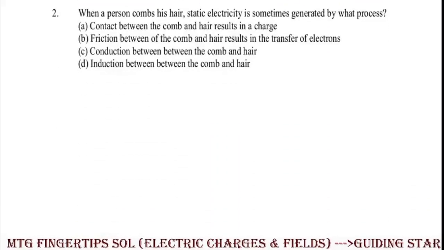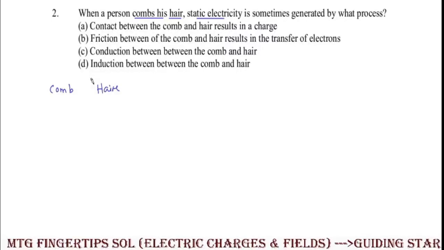Moving to the second question: when a person combs his hair, static electricity is sometimes generated by what process? There are two objects involved, one is the comb and another is the hair. The first option is contact between comb and hair, which results in a charge.